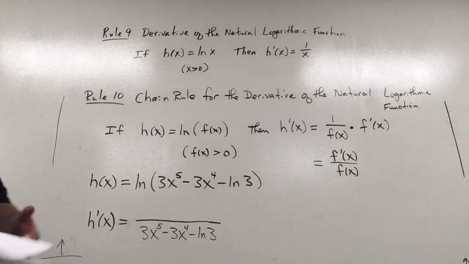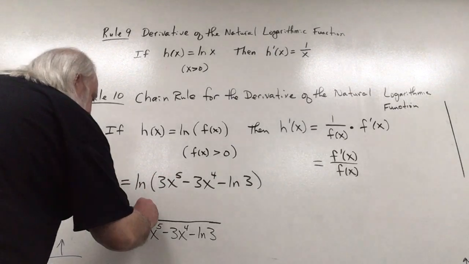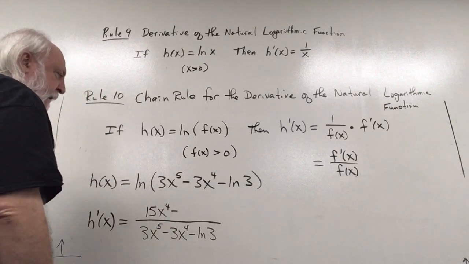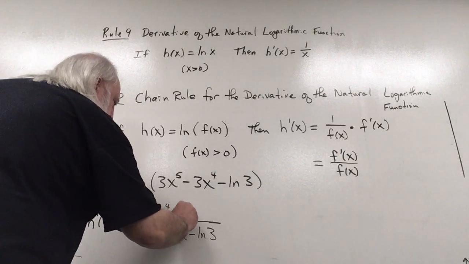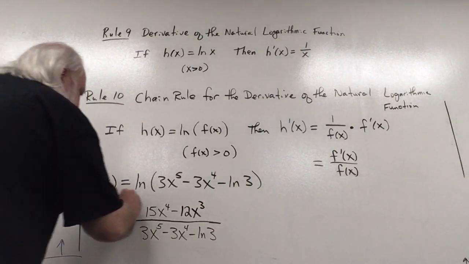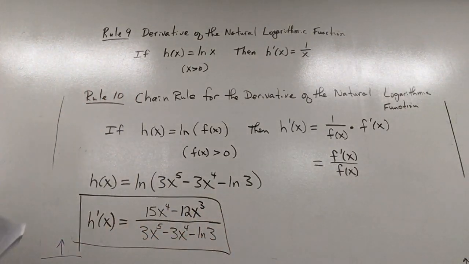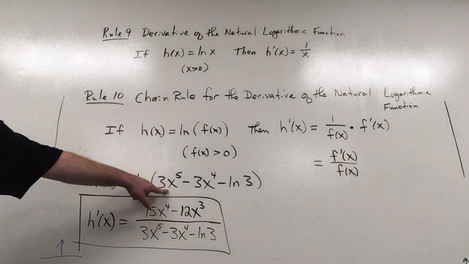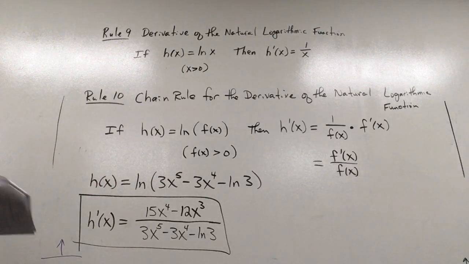And the derivative of 3x to the 5th is 15x to the 4th. And the derivative of minus 3x to the 4th is minus 12x cubed. So that is the derivative of h of x equal to the natural log of 3x to the 5th minus 3x to the 4th minus the natural log of 3.